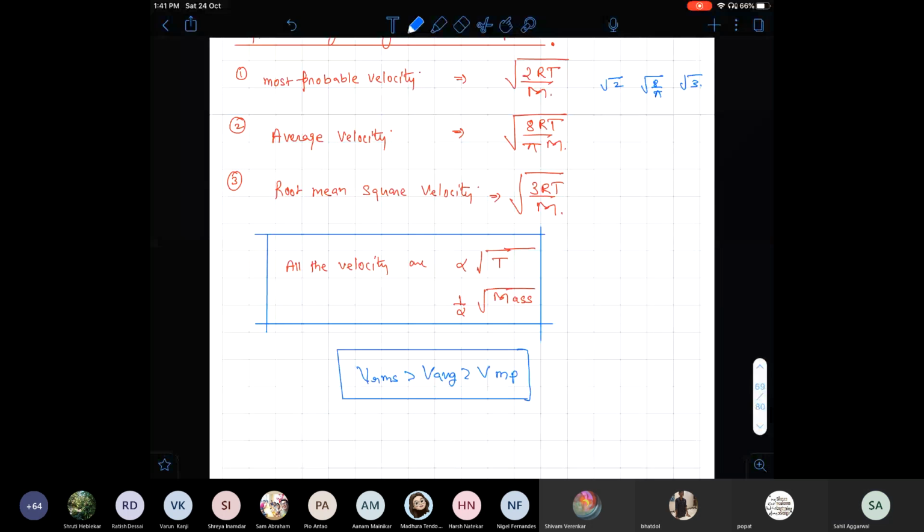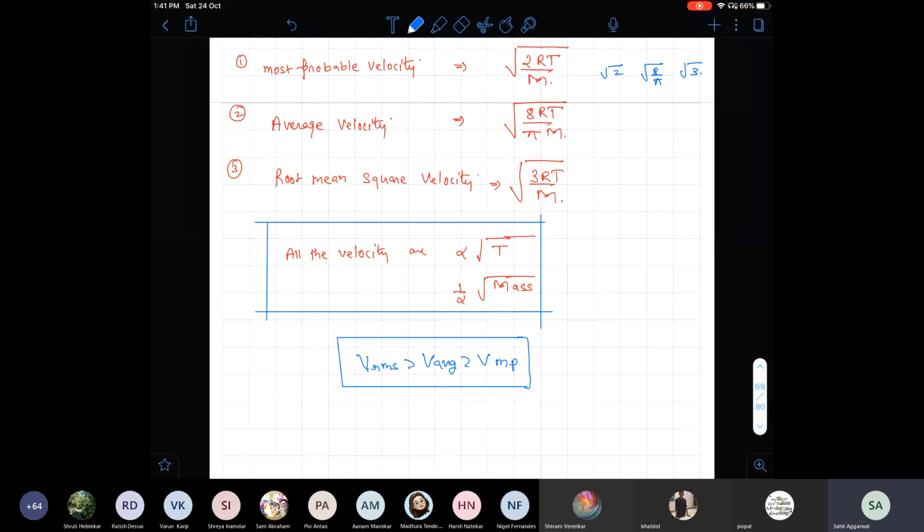Understood? अब कितना बड़ा है? If this is 1, then this will be 1.128 and this is 1.224. You should know this relation. न्यूमेरिकल्स के अंदर काम आएगा.